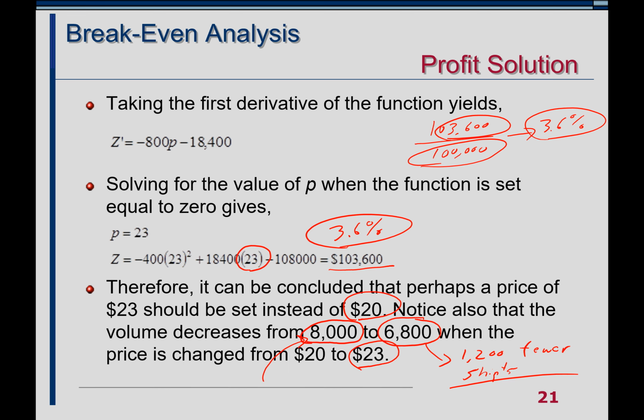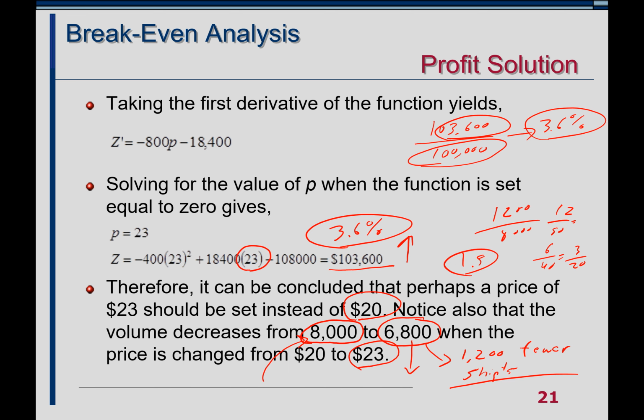That increased my profit by 3.6%, and it actually decreased the number of products that I had to make by, whatever 1,200 over 8,000 is. 6 over 40, 3 over 20, 1.5 over 10, which is going to be 15%.